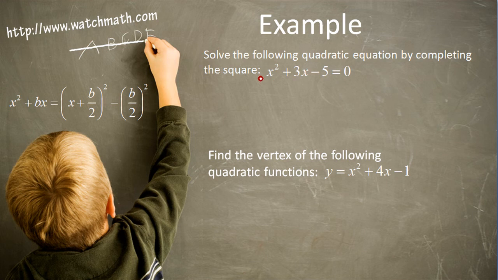So x squared plus 3x, consider that part. This is equal to (x plus half of positive 3) squared minus (3 over 2) squared. So this expression replaces x squared plus 3x, but we still have negative 5.